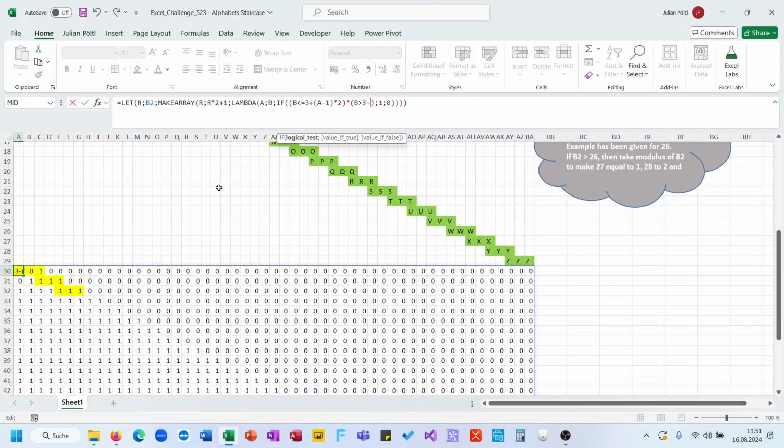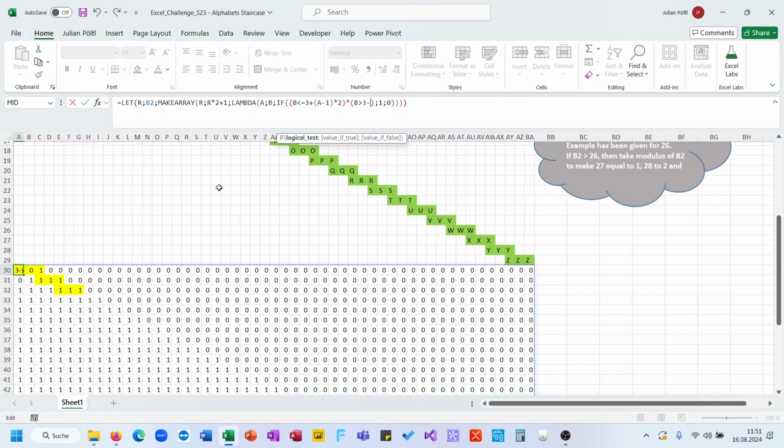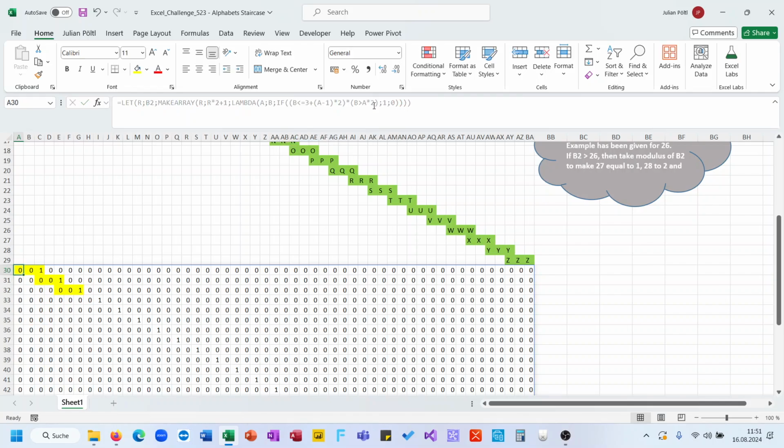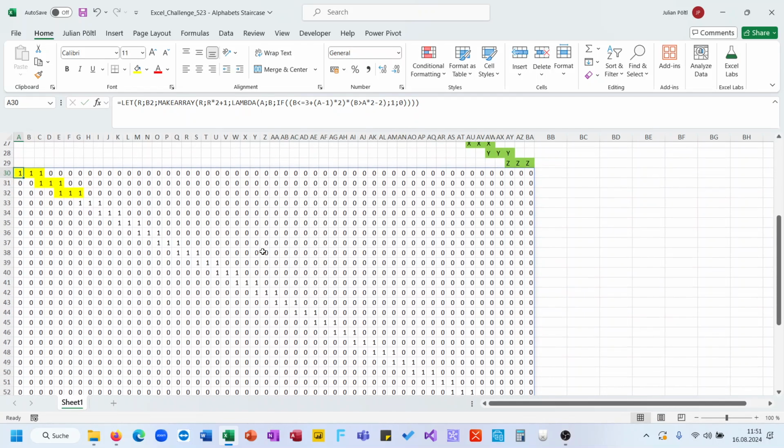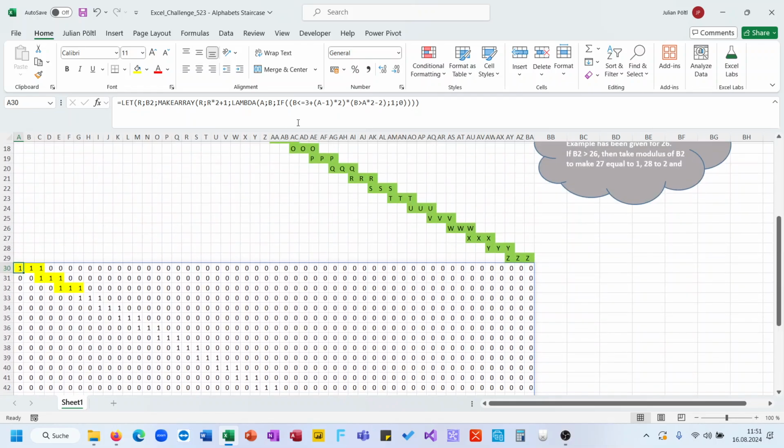So A are our rows and B are our columns. So B should be larger than A times 2 minus 2. Done. So this will give out the structure.